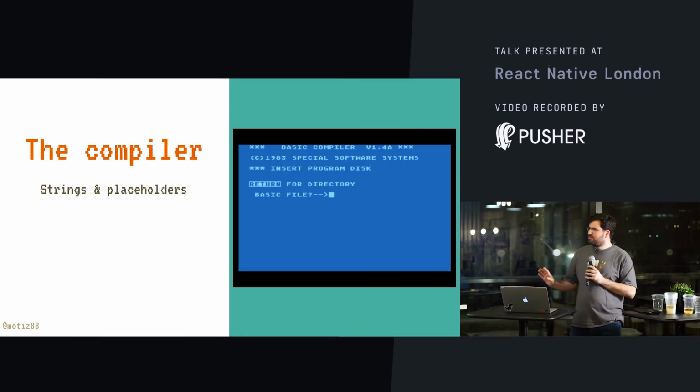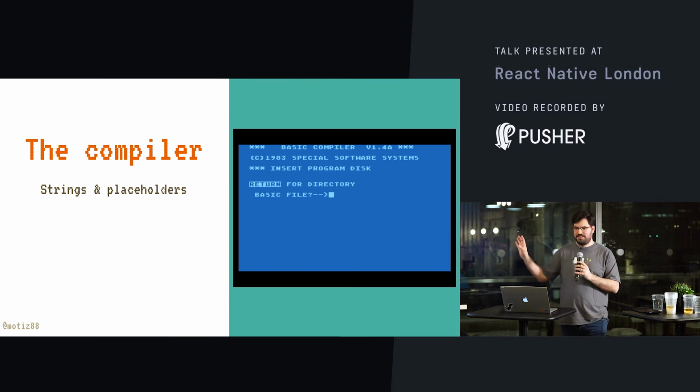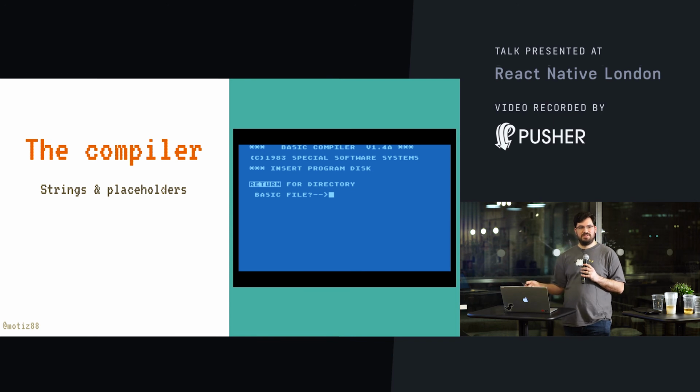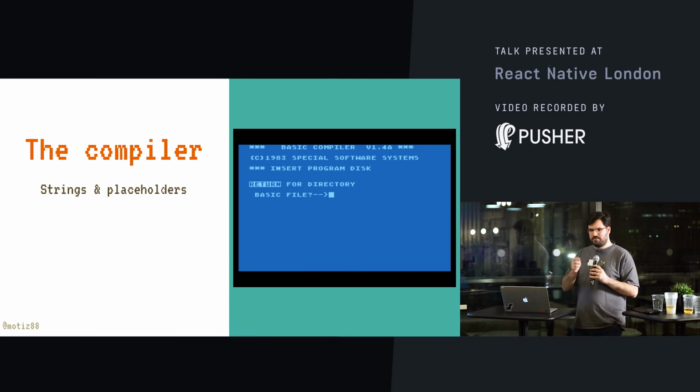So, a really quick run through of the actual compiler that's involved, because this is legitimately an actual compiler of a very, very small and restricted language, but a compiler nonetheless. So we start with the strings and placeholders that make up the template, like we saw. These are two arrays, one of the constant parts and one of the variable parts.